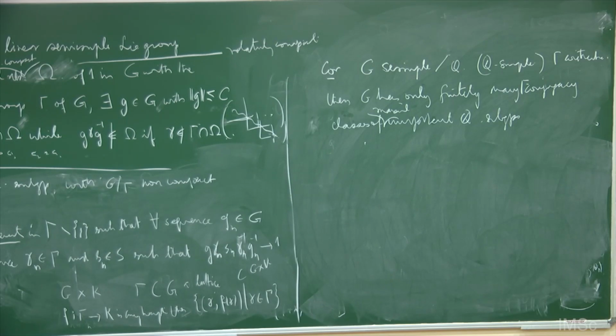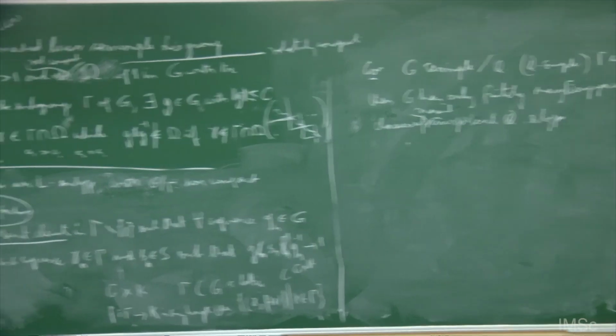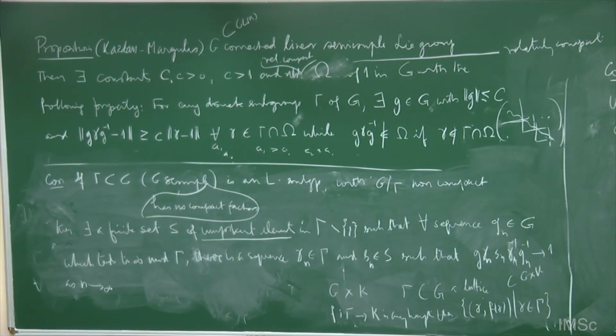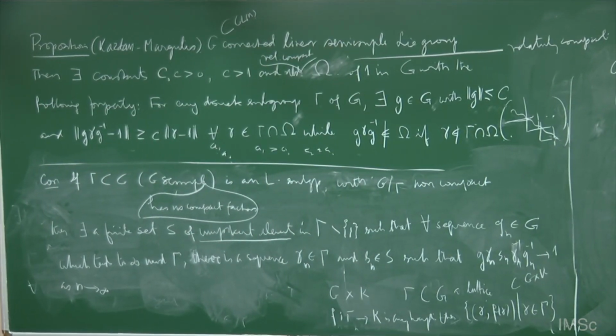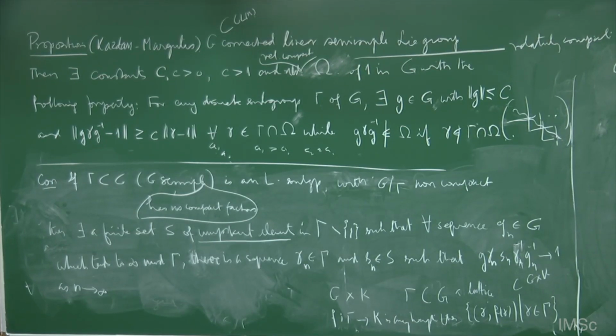Take the upper triangular unipotent matrices and a suitable diagonal element; conjugation by it drags any element of the upper triangular unipotent group to the identity. In particular, integral elements will drag to the identity. So the quotient cannot be compact. That is the Godement criterion.